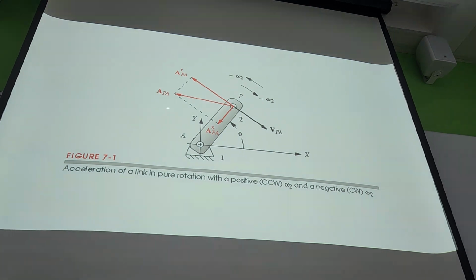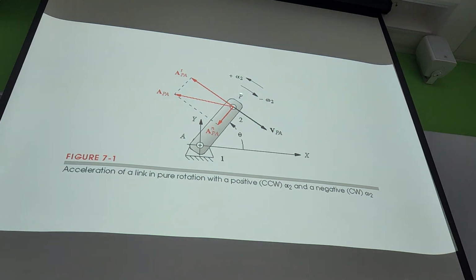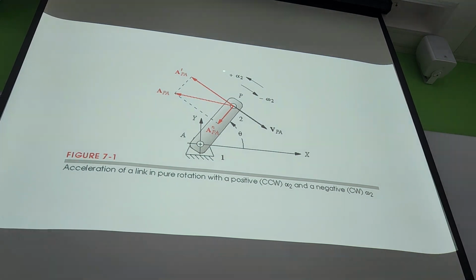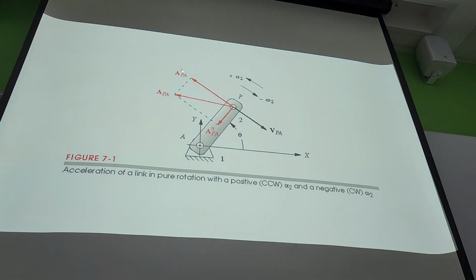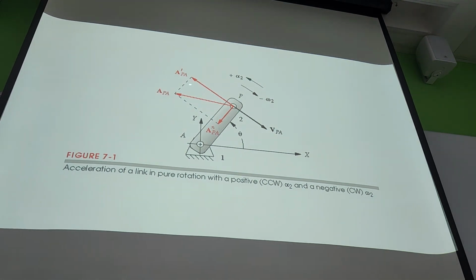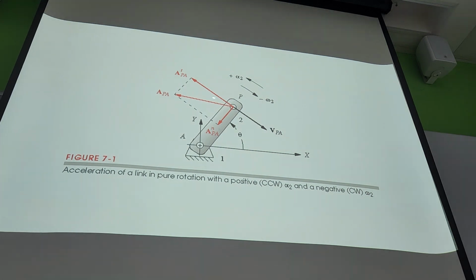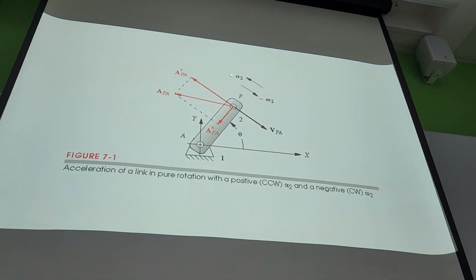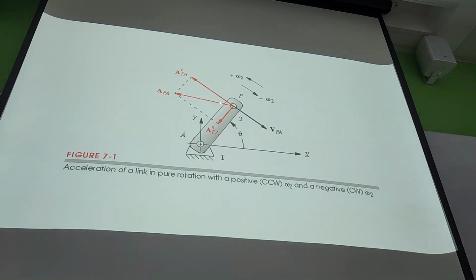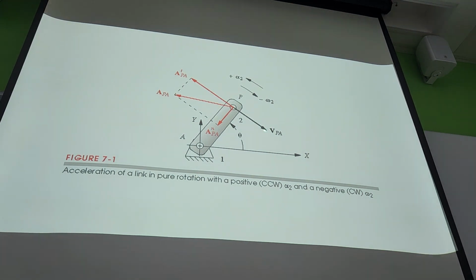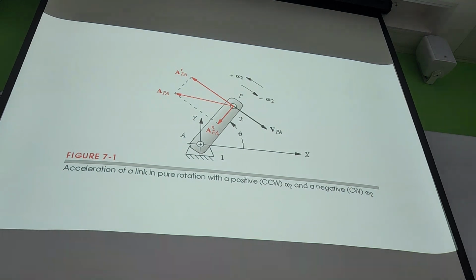This is the direction of acceleration of P to A. The tangential component will be perpendicular to the link, depending on the direction of angular acceleration alpha 2. If PA is shown upwards, it means the acceleration is counterclockwise, as shown here. If the acceleration is downwards, then the PA tangent will be on the other side.